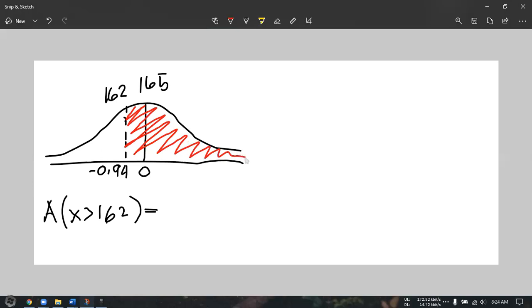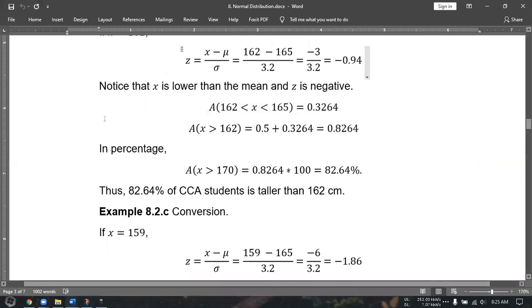And then next, the area from the mean. The area from the mean. Using the z-score, this would tell us the area from 162 to 165, from the mean. So we would know this area using the table. 0.94.